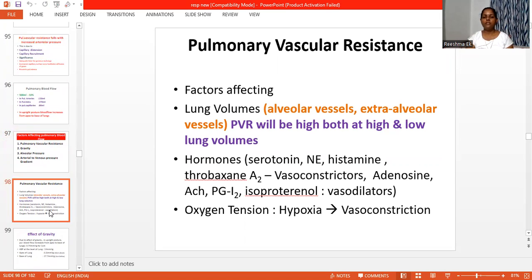The factors affecting pulmonary vascular resistance: lung volumes, hormones such as serotonin, norepinephrine, histamine, thromboxane A2 as vasoconstrictors, and adenosine, acetylcholine, prostaglandins, isoproterenol as vasodilators. Oxygen tension: hypoxia leads to vasoconstriction.